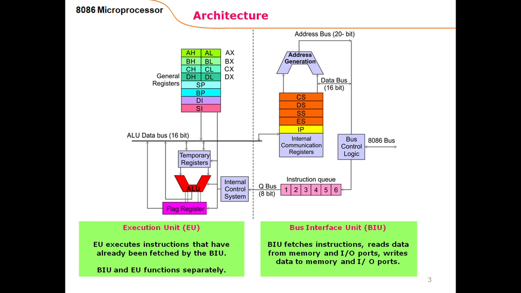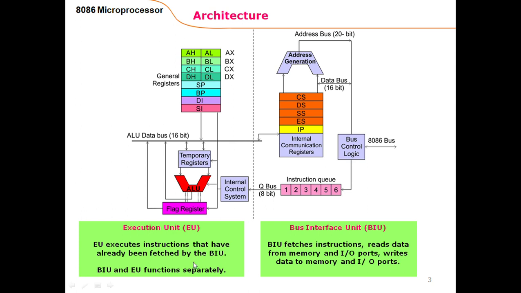The bus interface unit fetches instructions, normally 6-byte instruction code, which is stored in the instruction queue, and then the instructions are decoded by the internal control system, which generates some control signals. The instruction is then executed by the execution unit, in particular the arithmetic and logic unit, which performs the desired arithmetic or logic operations on the data.